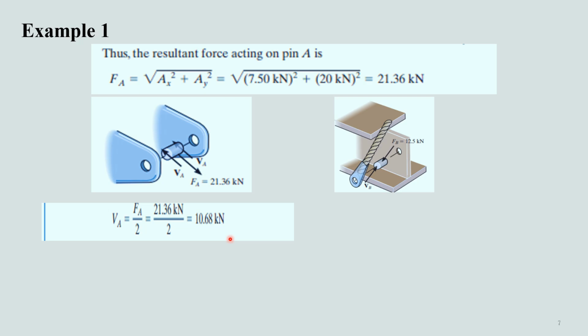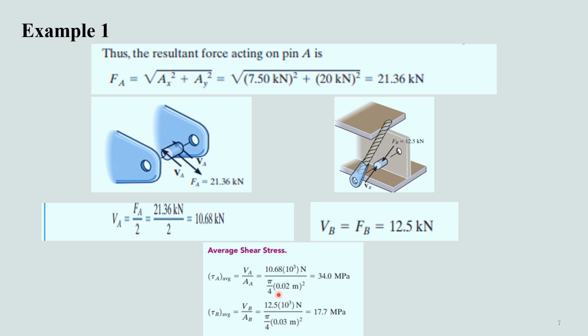On the other hand, if we consider the shear at the location of B, we'll note that pin B is only subjected to single shear, which occurs on the section between the cable and the beam. Thus, for this pin segment, the shear force is equal to the horizontal force acting on point B, that is 12.5 kilonewton.